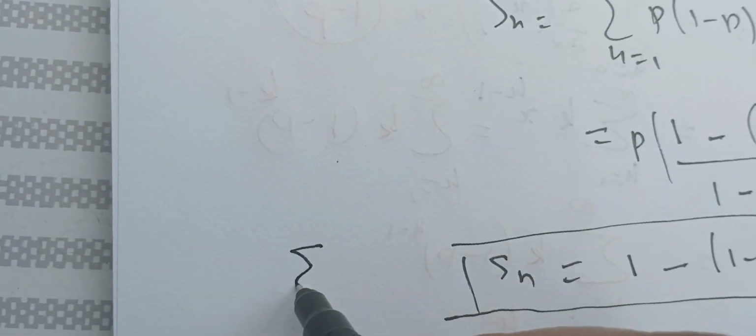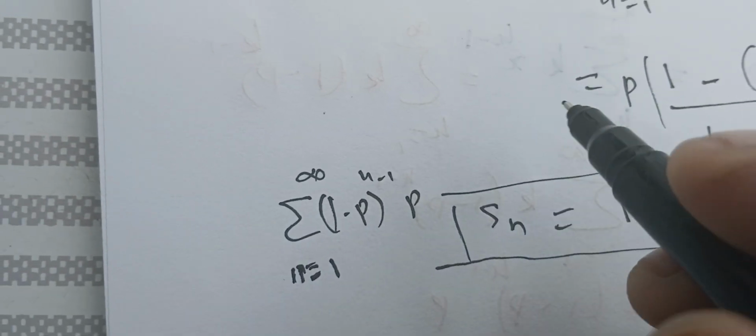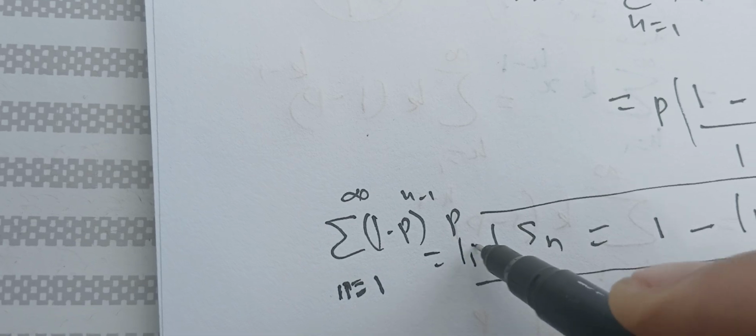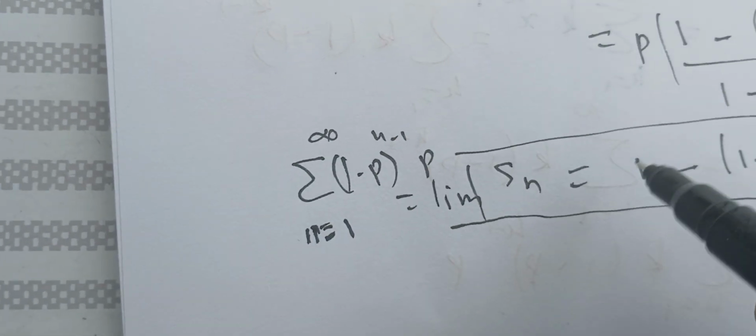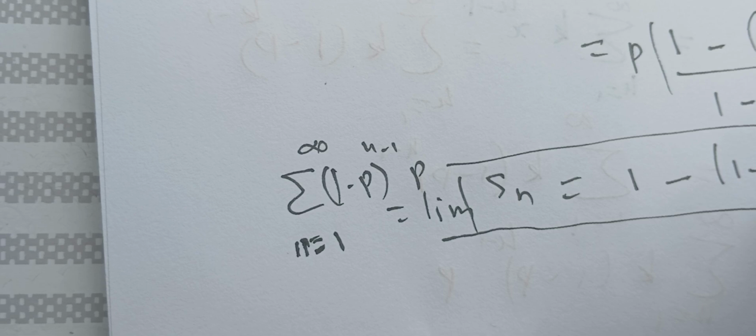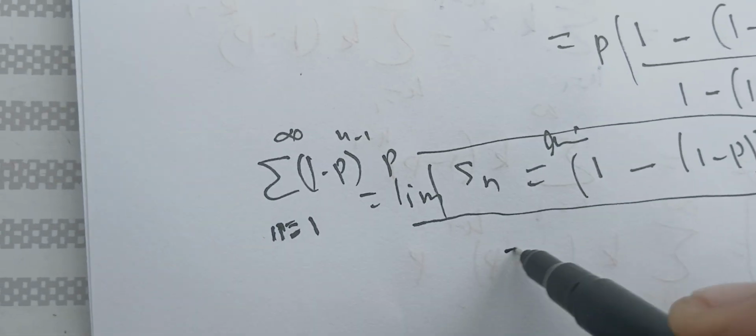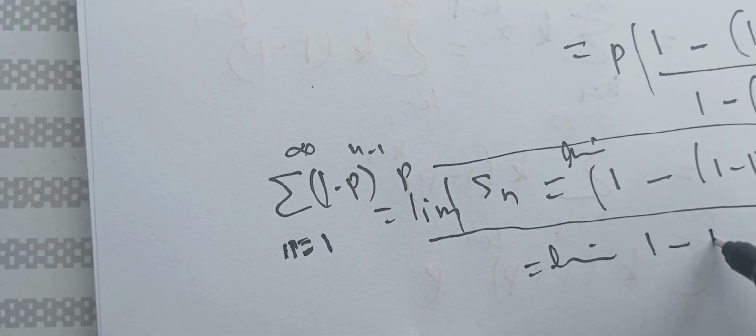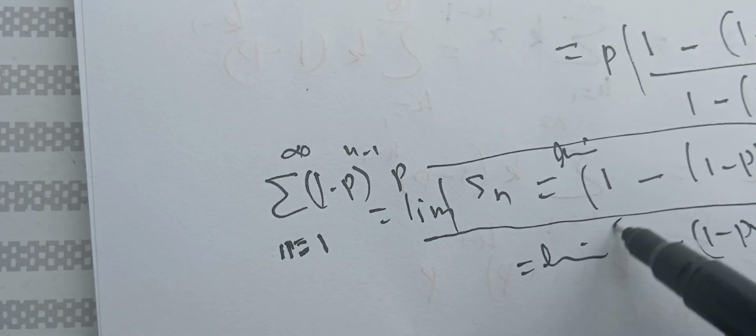Now this sum, the sum of (1 minus p) to the power n minus 1 times p as n goes from 1 to infinity, is the limit of S_n as n goes to infinity. So let me take the limit here. What's gonna happen?